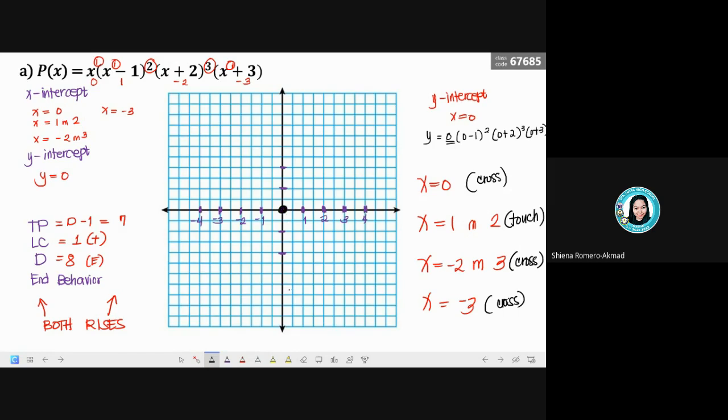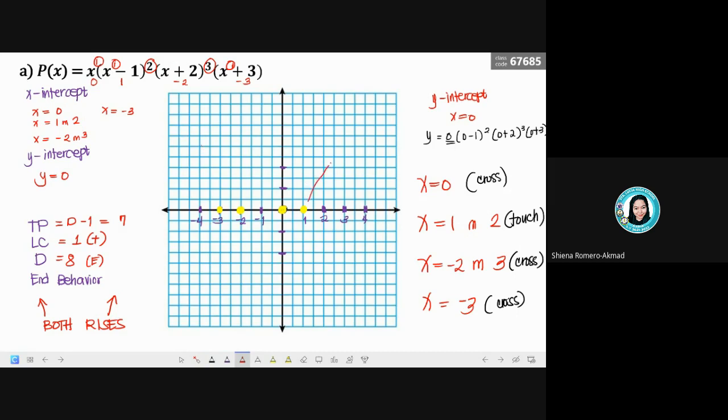Sunod. Tama bang dapat, ayan, yellow na lang. 0, +1. Then we have -2. Then we have -3. So again, both of them rises. So mula dito, magra-rise sila.